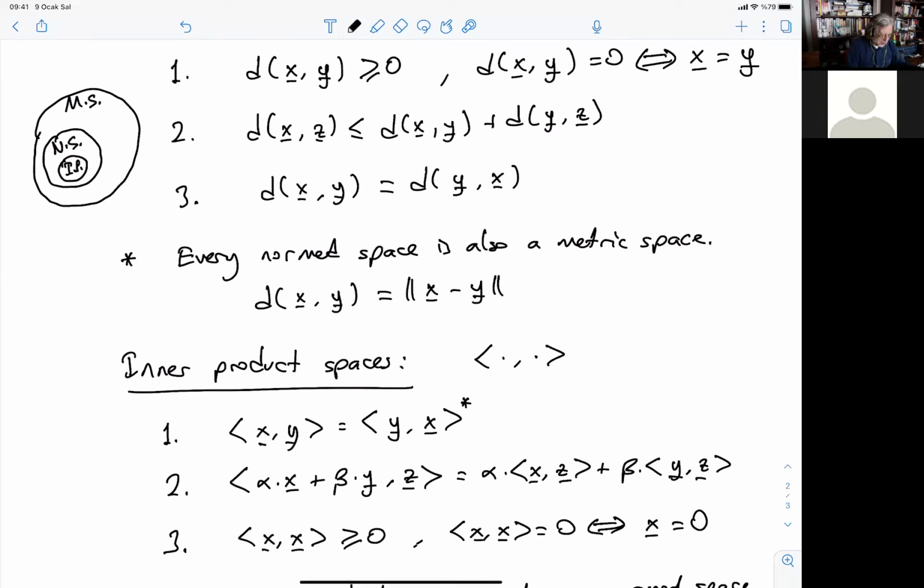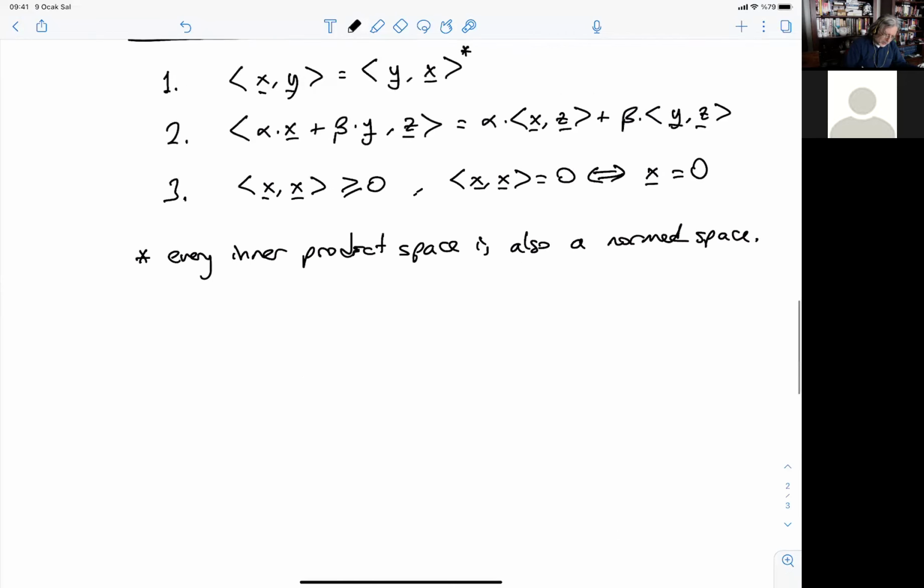So it's the most reduced one, and the way that we can see that every inner product space is also a norm space, it actually only happens if you define the norm particularly as the inner product of x with itself, and you take the square root of it. If you define the norm like this using the inner product, then the norm space is essentially becoming an inner product space.